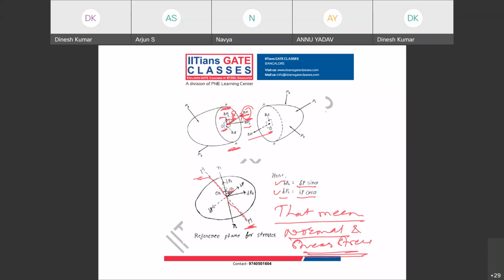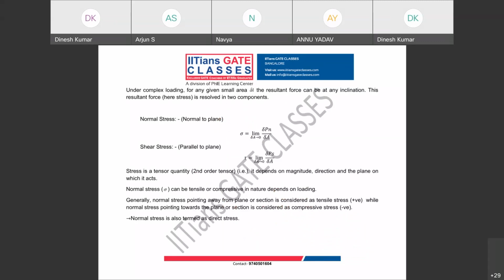At a single point, you can have an infinite number of planes passing through it, so we'll have an infinite number of stresses. That's why stress requires magnitude, direction as well as a reference plane. It is known as a tensorial quantity, and it is a second order tensor.